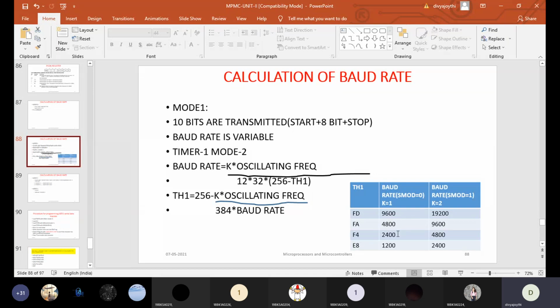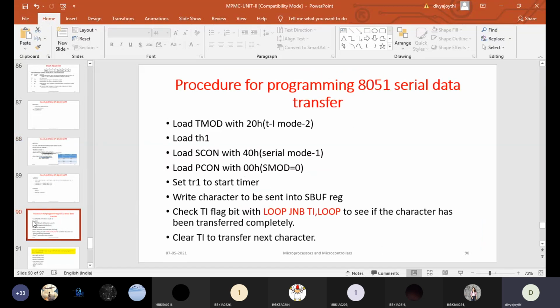Based on the baud rate, before you load the value, we need to cross check what the K value is. If K is equal to 1 and the baud rate is 9600, then FDh should be loaded into TH1. But if the baud rate is 9600 and the K value is 2, then in that scenario TH1 needs to be loaded with FAh. So this particular table is very important for writing the program for the serial port of 8051.